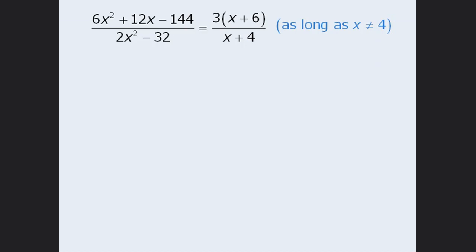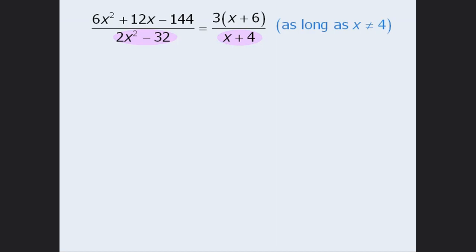Now at this point, I need to make another confession. These two expressions are still not entirely equal, even if we prohibit x from equaling 4. There is also a problem with these two denominators. Notice that when x equals negative 4, both of these denominators evaluate to be 0, which means both expressions here have an undefined value.